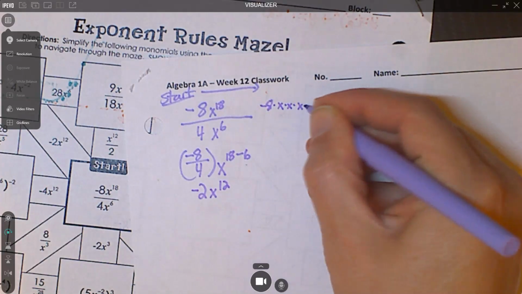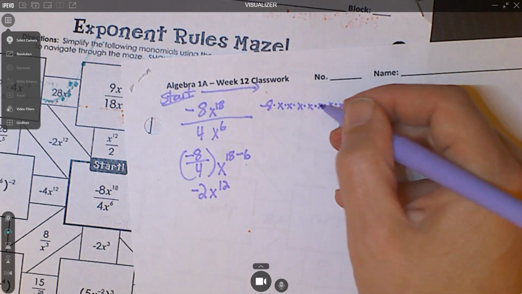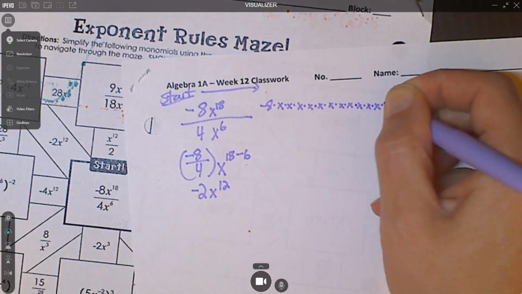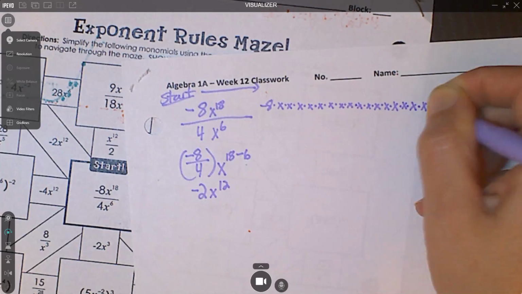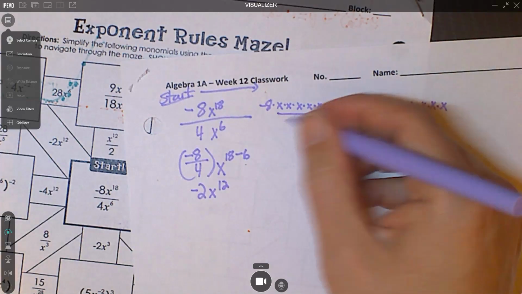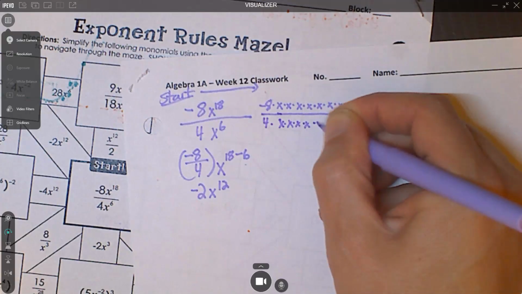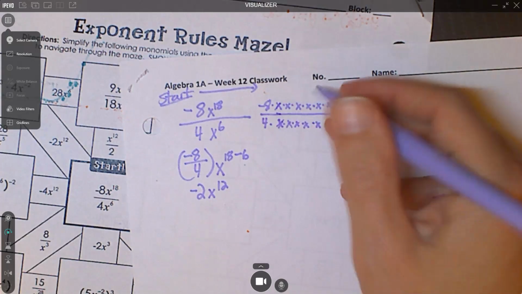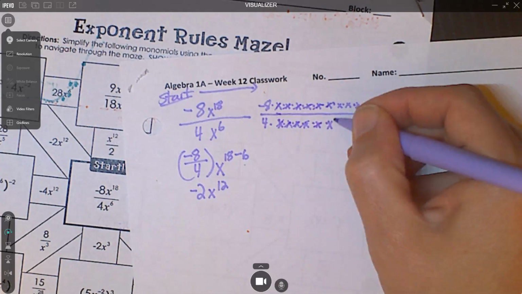I'm multiplying x by itself 18 times. So 1, 2, 3 are gone, 4, 5, 6.